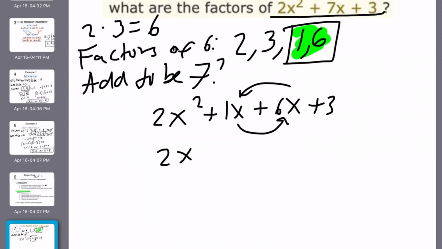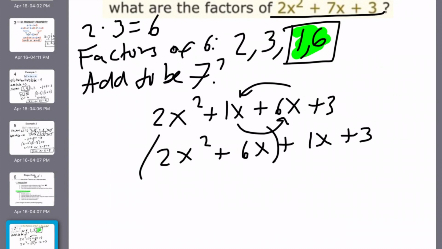I'm going to do 2x squared plus 6x plus 1x plus 3, and you'll see why in a second. I'm going to throw some parentheses here. I know that in this first factor, I have common factors of 2 and x.